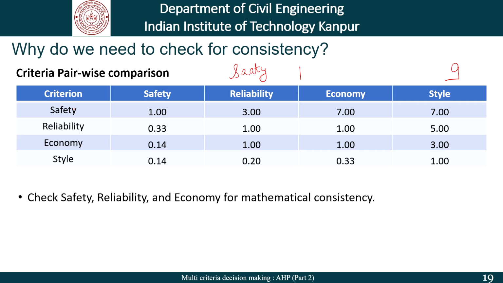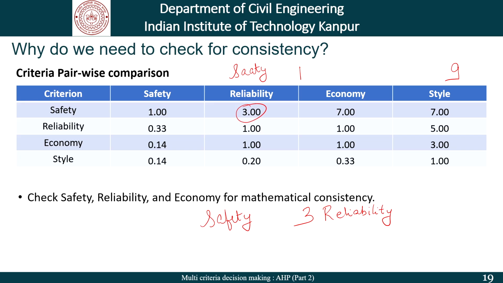Now, if you see, we said that for us safety over reliability has a rating of 3. We believe that safety when compared to reliability should have a value of 3. 3 is closer to 1, but it is greater than 1.